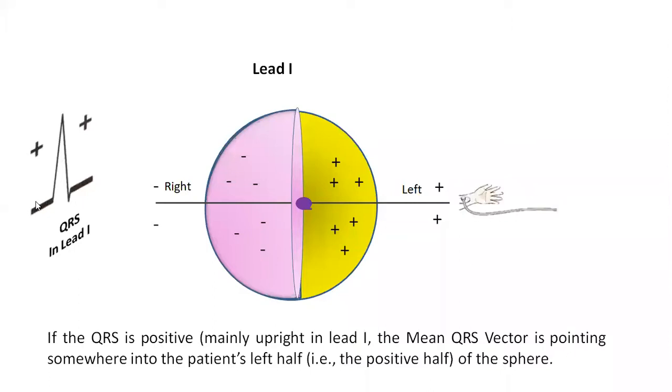So now you see the QRS complex here in lead 1 is positive. That means the mean QRS vector will be somewhere on this side. It can move this way or this way, but normally it will be in this area. If some abnormality is there, it may go beyond this area. Still it will be positive, but it can go this way also.